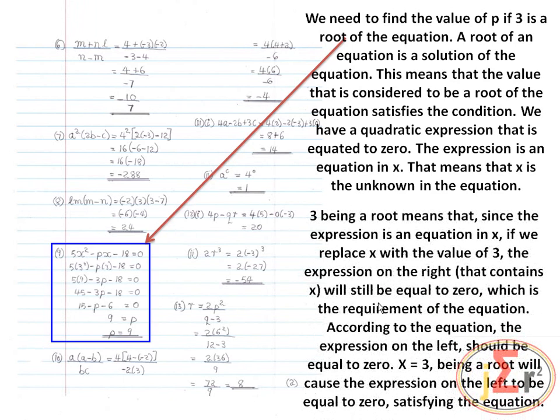3 being a root means that since the expression is an equation in x, if we replace x with the value of 3, the expression that contains x will still be equal to 0. But when we put 3, x will be there no more.